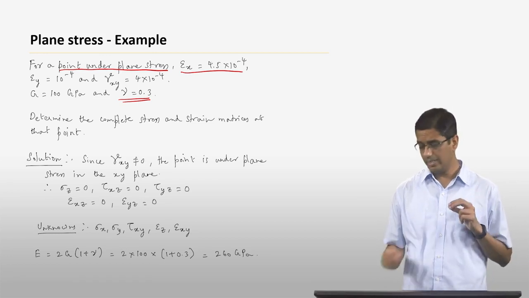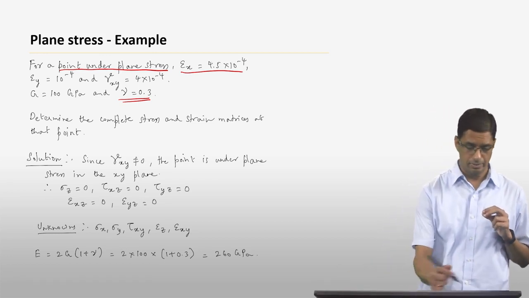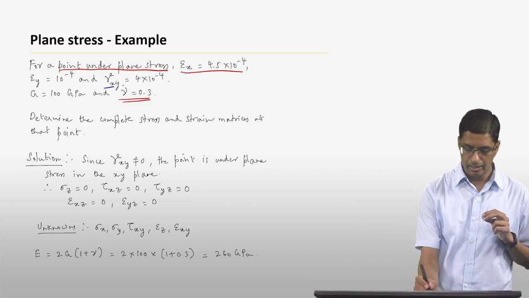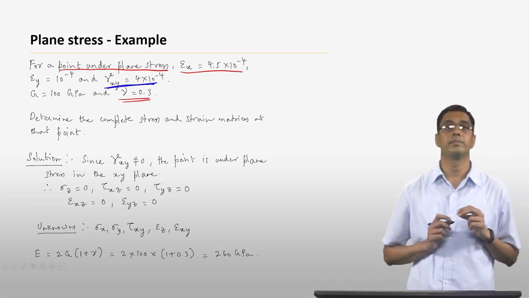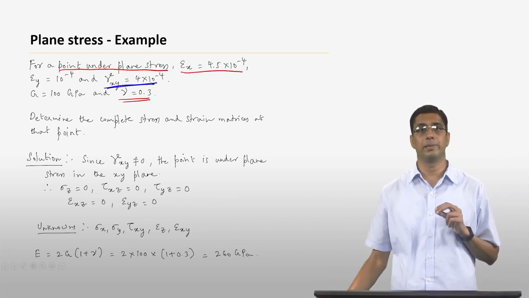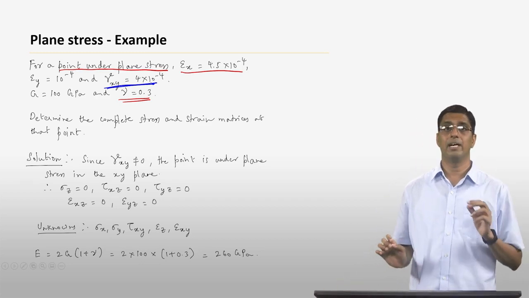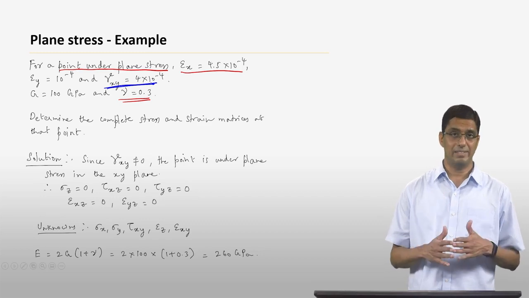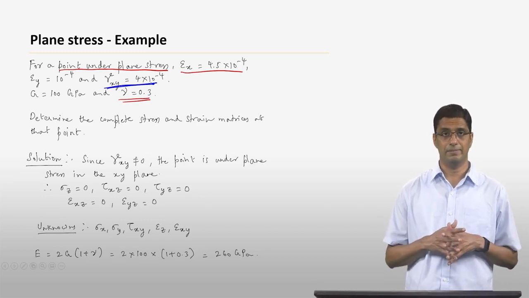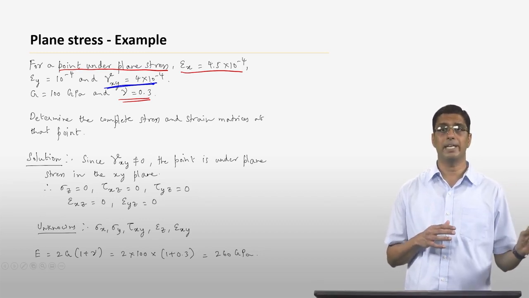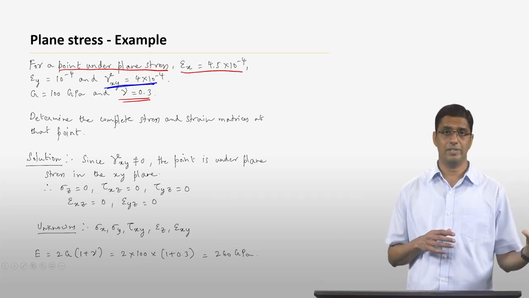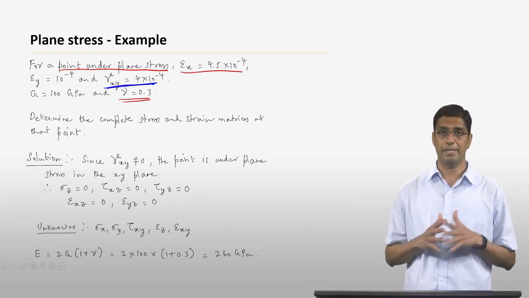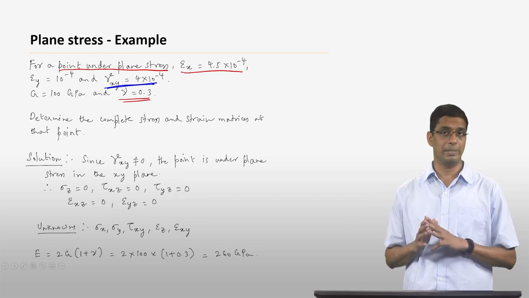In this case a shear strain is given, and that shear strain is gamma xy, which is 4 into 10 to the minus 4. If you have a shear strain in a particular plane, then the plane stress is in that particular plane. Because gamma xy is not 0 here, the plane stress is for the xy plane, not the xz plane or the yz plane.